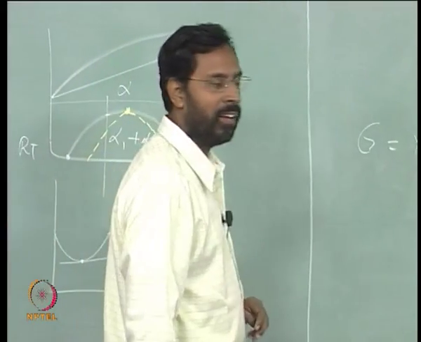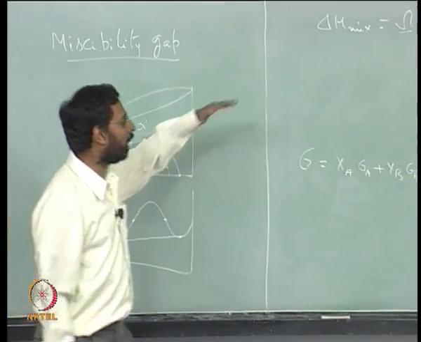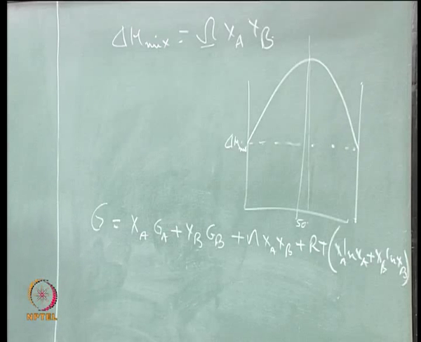If that is the case, we said in principle it is a combination of delta H mixing and T delta S mixing which is going to decide this, and as a result when T delta S mixing dominates the delta H mixing, that is when you would see that the miscibility gap closes.